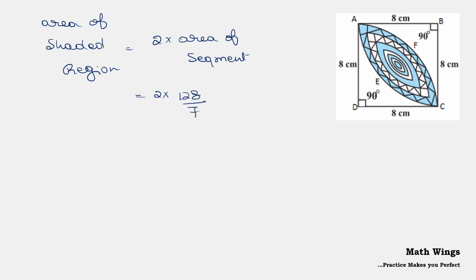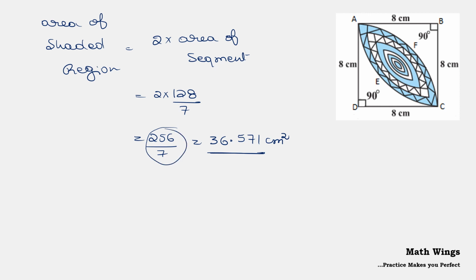So 2 into 128 by 7. What's the answer? It is equal to 256 divided by 7, or the answer is 36.571 centimeter square. Either you can keep it as it is, the fraction value, or else you can simplify and get the decimal value, correct?